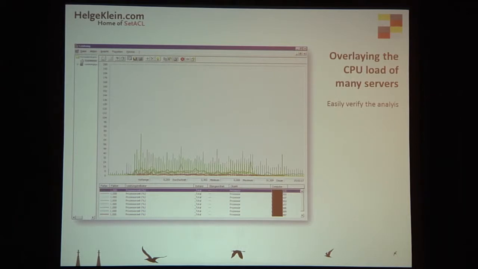Now, it's pretty clear that all these servers, although I cannot really see how high the CPU usage of an individual system is, are all in the same range, near zero. So we now know that CPU-wise, the farm is not loaded at all. We have overcapacity.